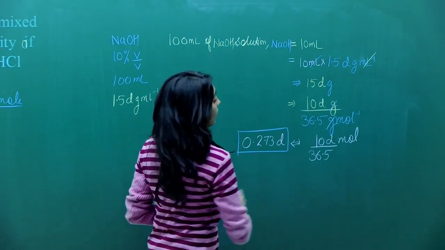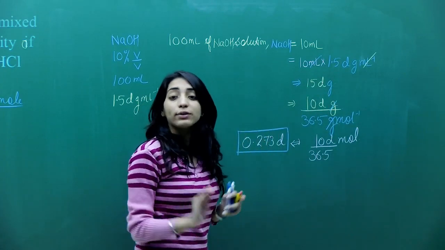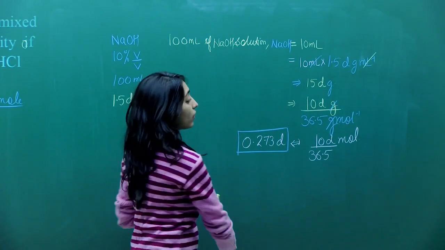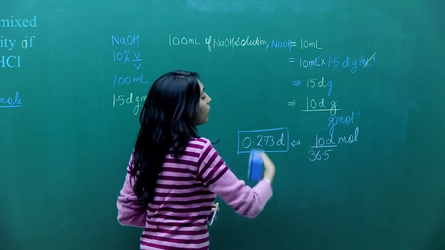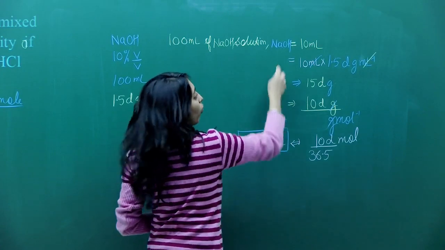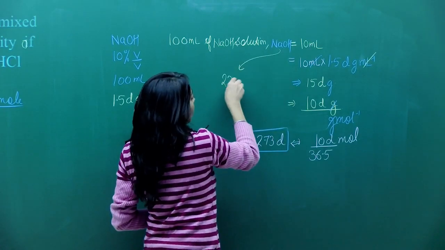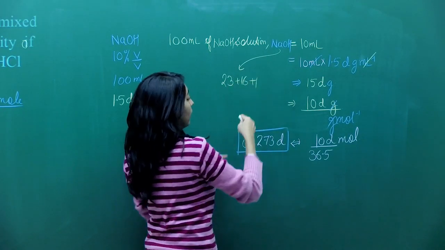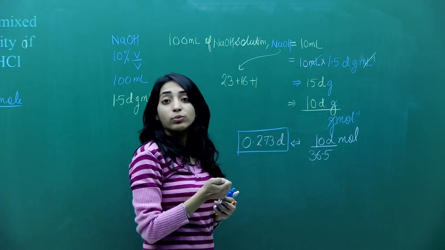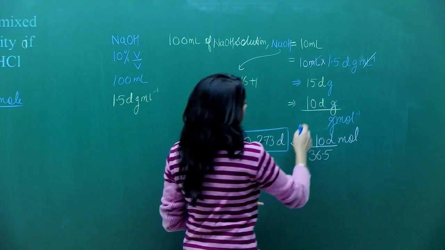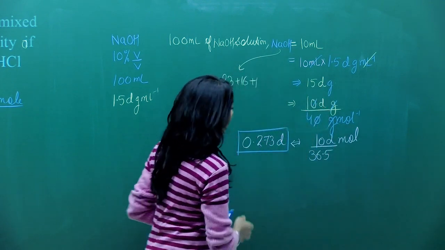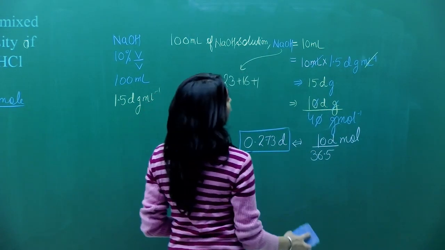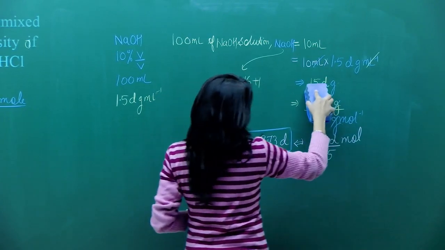Okay, so if I don't want to talk in terms of grams, I want to talk in terms of number of moles. So I will divide it by the molar mass of NaOH, which is what? 23 plus 16 plus 1. You do the calculation, the molar mass will come out to be 40 grams per mole. So this will get cancelled and the final answer will be coming out to be, okay, this was not 10.